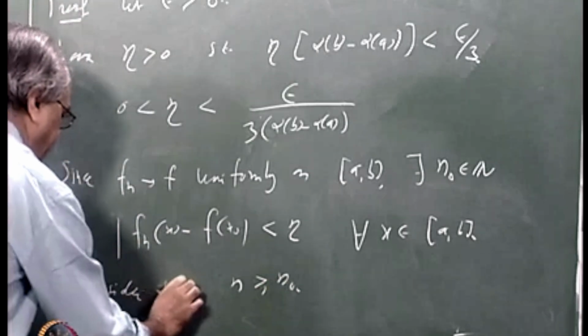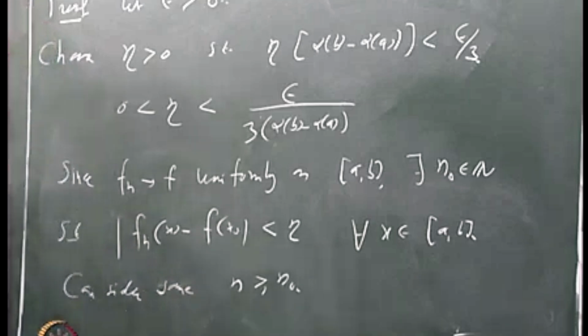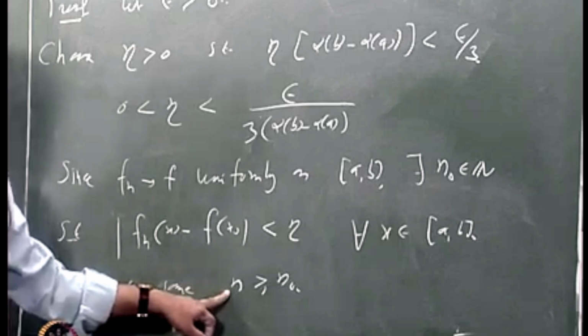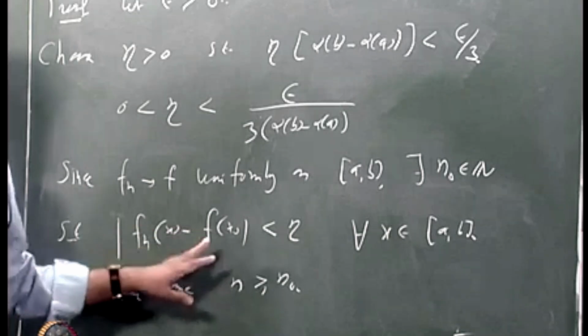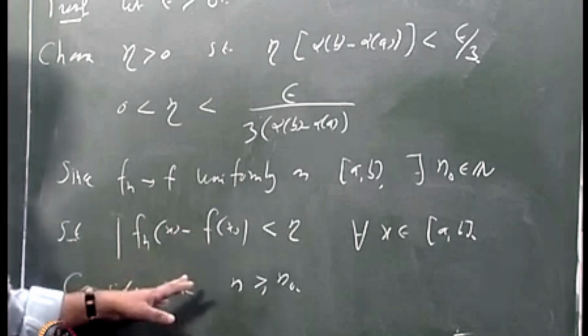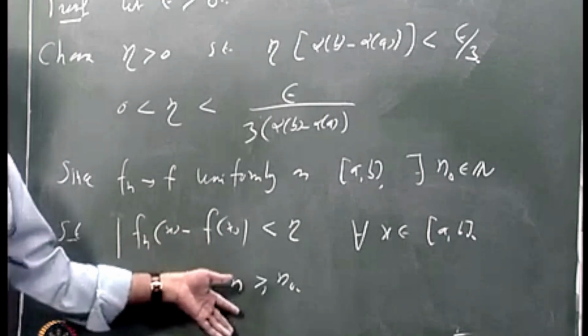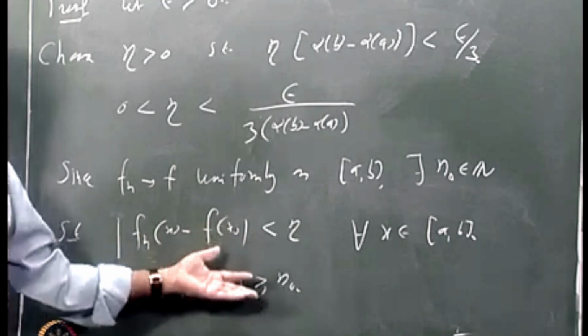Now this fn is integrable. So there will exist some partition P such that the difference between the upper and lower sum for that partition is less than whatever we want, let us say epsilon by 3.